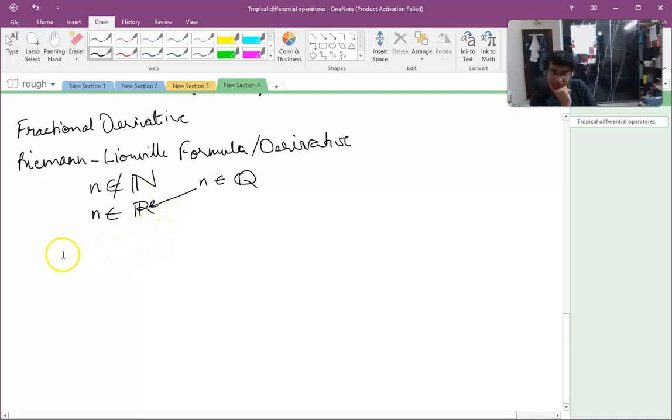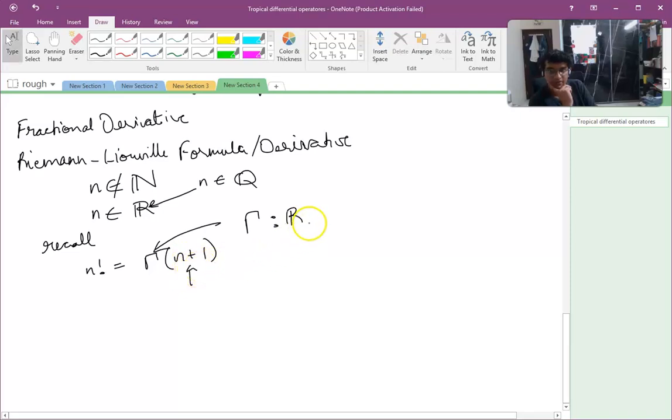How is this? Let's recall that n factorial is the same as gamma of n plus 1. Gamma is a function that maps from a real number, which is what n plus 1 is, to another real number.